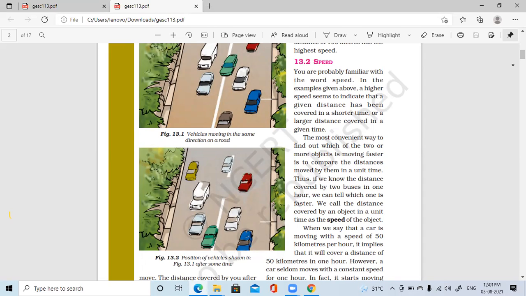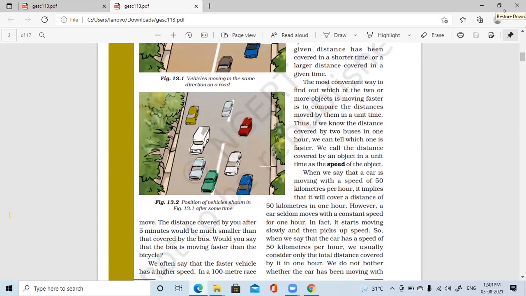If we know the distance covered by the two buses in 1 hour, we can calculate which is moving faster. So the formula for speed is distance per unit time, or distance upon time. This is the formula for calculating speed. Right? This is very important. What is the meaning when we say the vehicle is moving at 50 kilometers per hour?